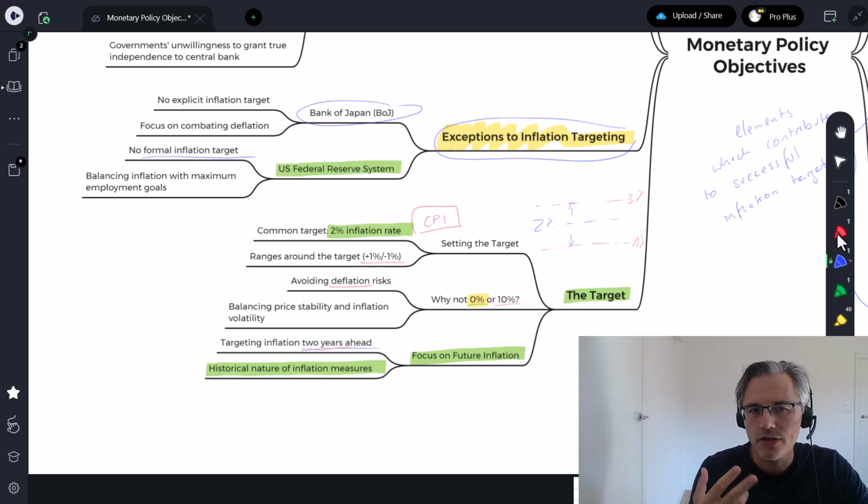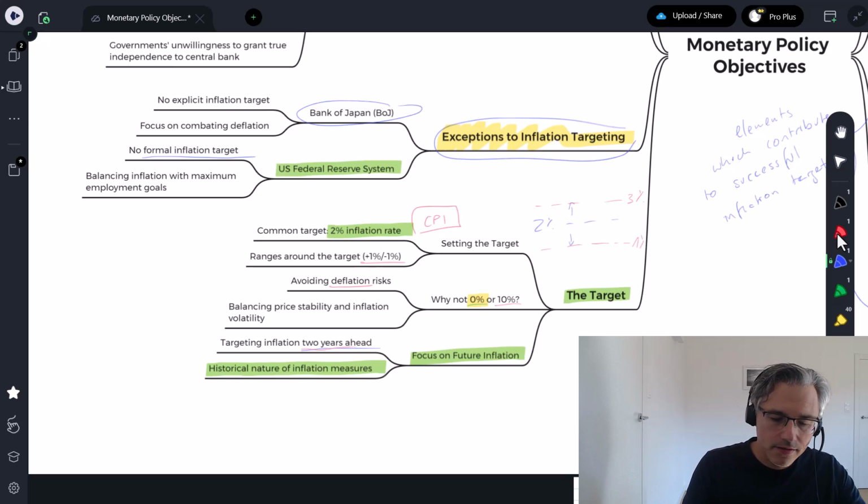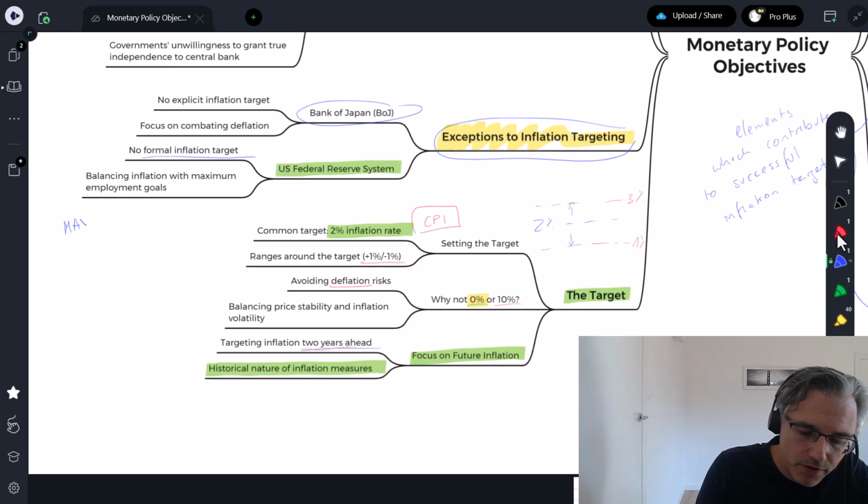The Fed actually has 3 objectives, and they try to achieve a balance between them: maximum employment, stable prices, and moderate long-term interest rates.